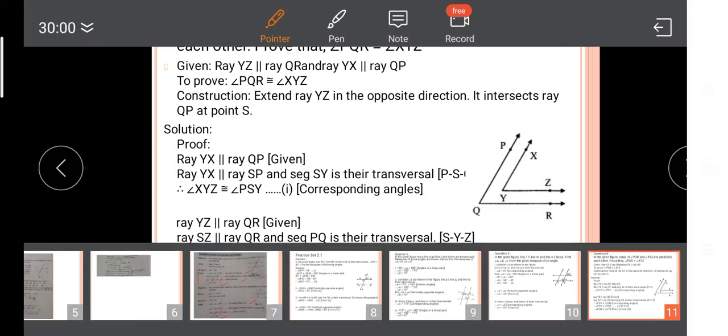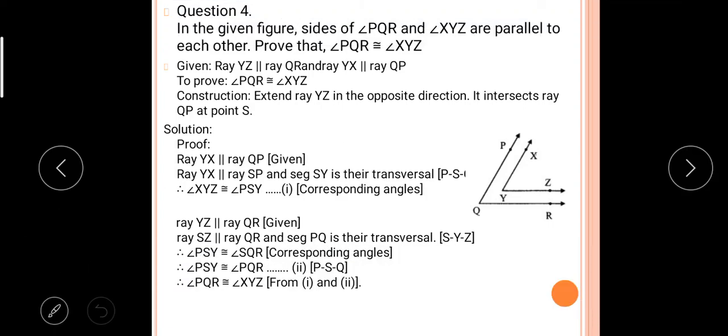Now here we have to extend YZ, which is parallel to QR, and YX, which is parallel to QP. Extend means you just have to draw the line in this way.